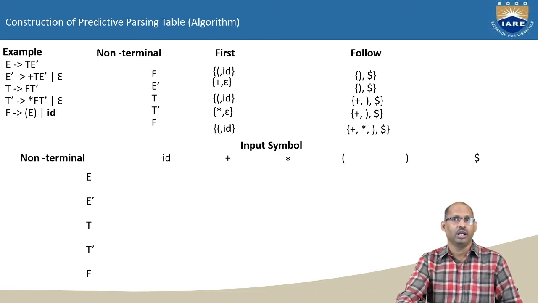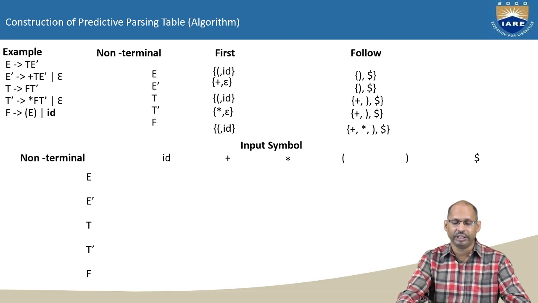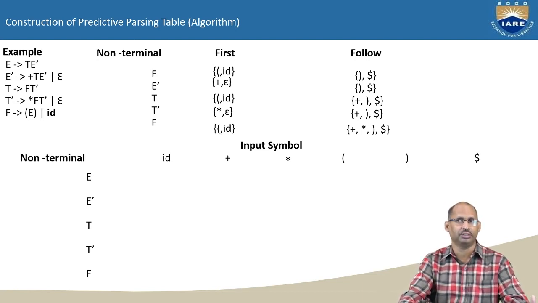Now, already in the last class, we have discussed the productions and its non-terminals and first of the non-terminals and follow of the non-terminals. So in the last class, we have determined the first of the variables and follow of the variables.